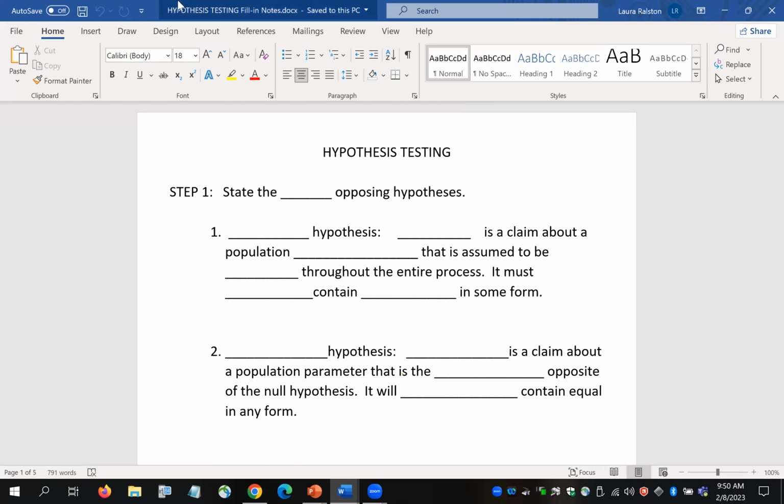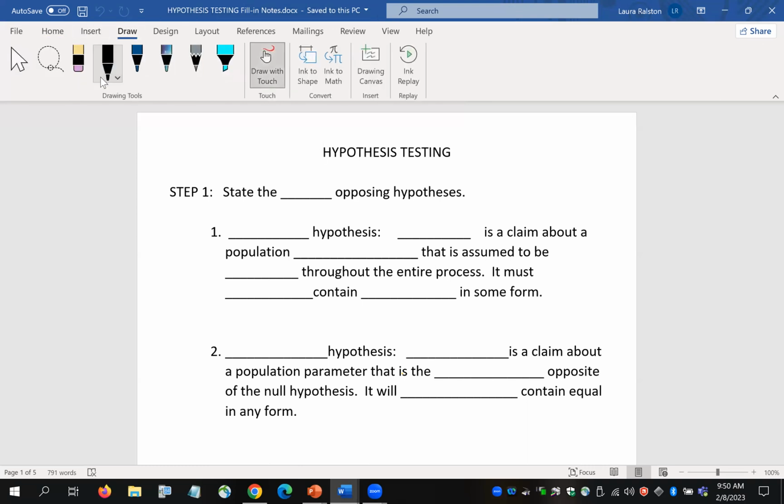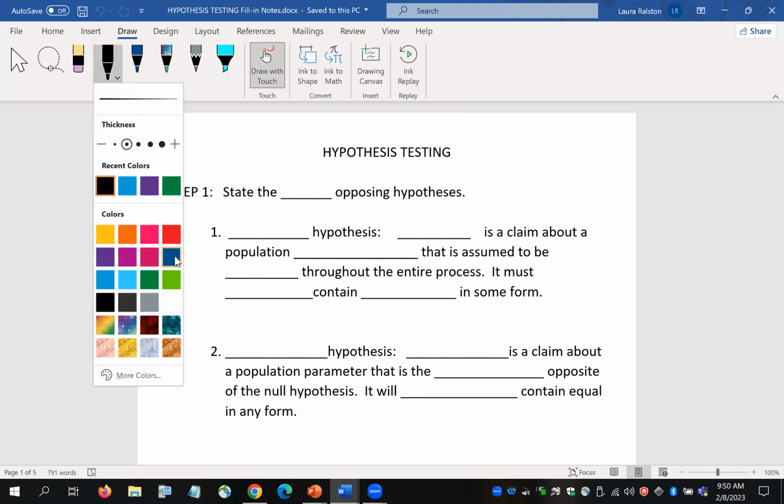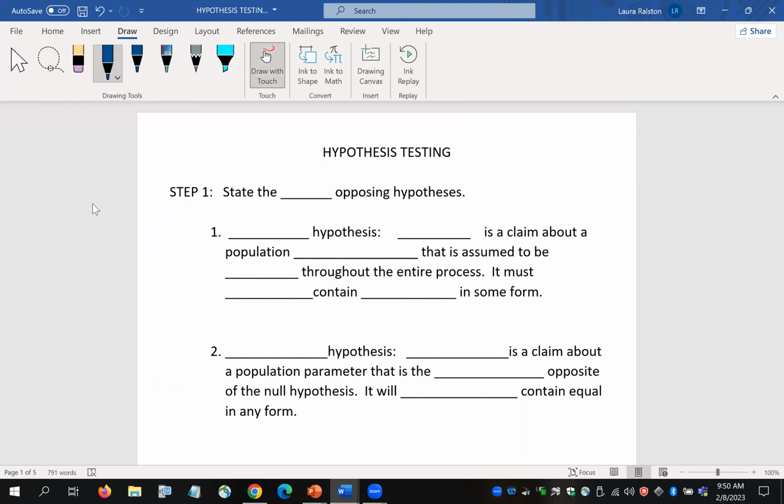I hope that you perhaps have heard that word hypothesis before, probably in a science class. A hypothesis is an educated guess, or we can think of it as a proposed answer to our research question.